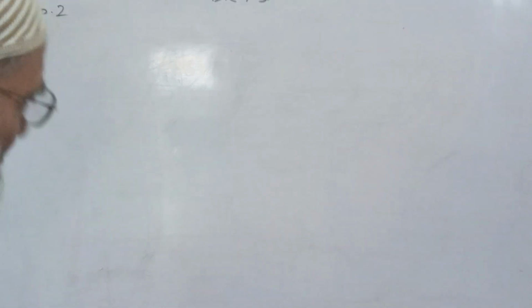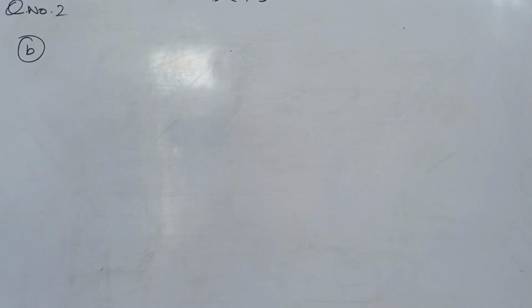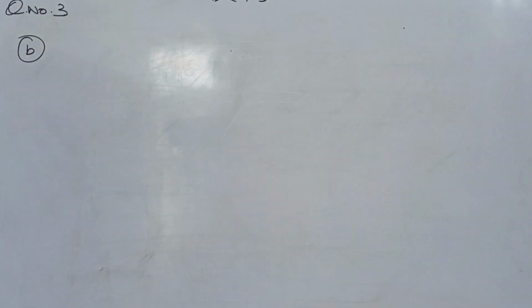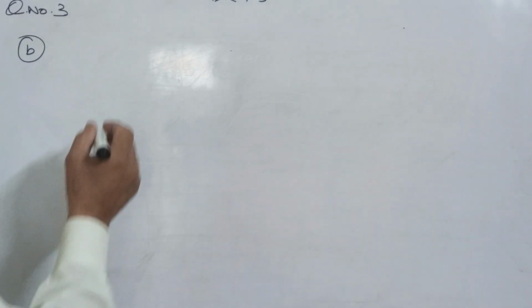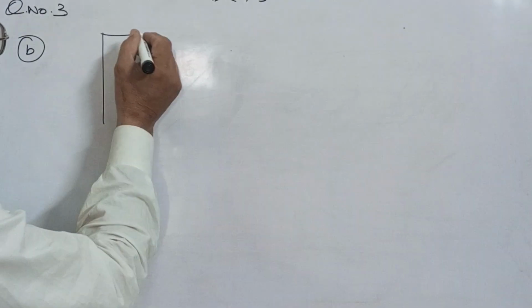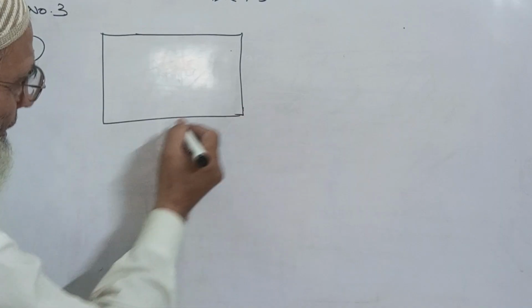Now B is to be ruled out. We rule out figure B completely, which is totally wrong, because in this figure you see that this is drawn like this.